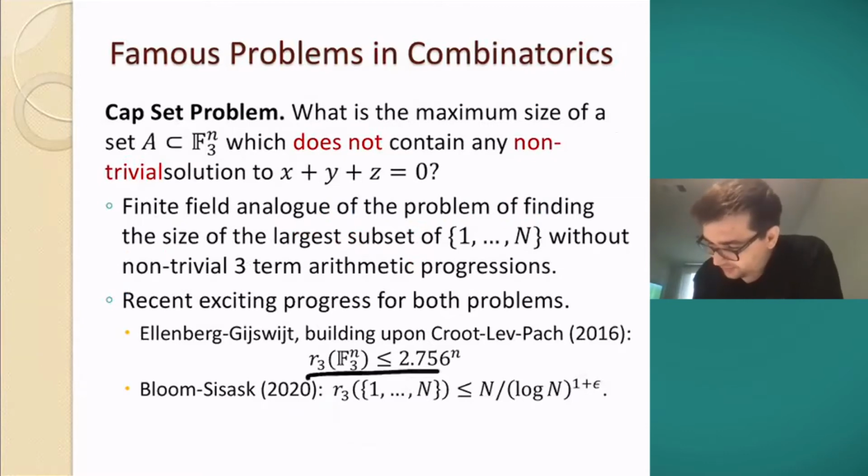The original cap set problem, using this very easy algebraic observation, saw an amazing breakthrough thanks to the work of Croot, Lev, Pach, and then Ellenberg and Gijswijt, who showed that the size of the largest cap set is at most a constant to the power n, where this constant is strictly less than 3, in particular 2.56. And then Bloom and Sisask, for the integer problem, show that the largest 3-AP-free set has size at most n divided by log n to the 1 plus epsilon, which was a long-standing conjecture.